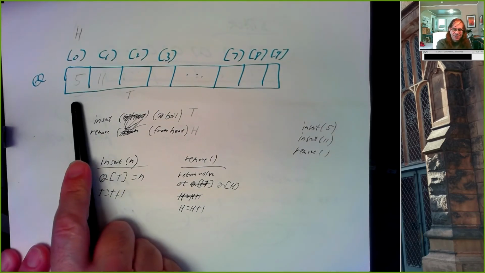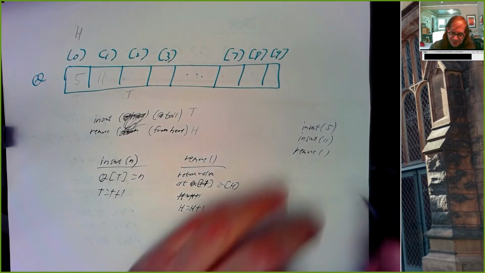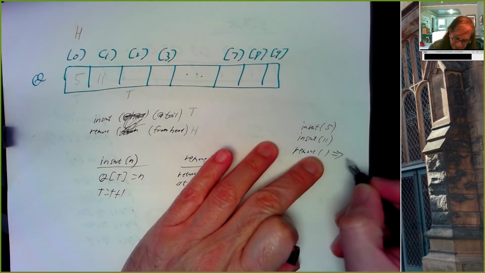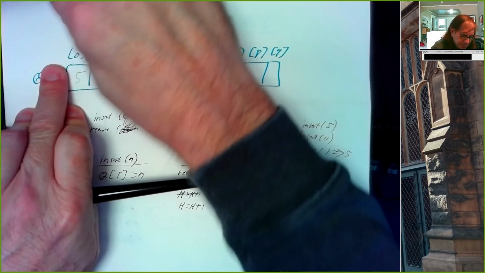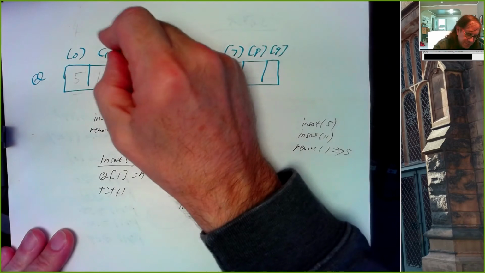The head is sitting back here at 0, so remove is going to return our 5. And then we're going to increment the head. So head will move up here.